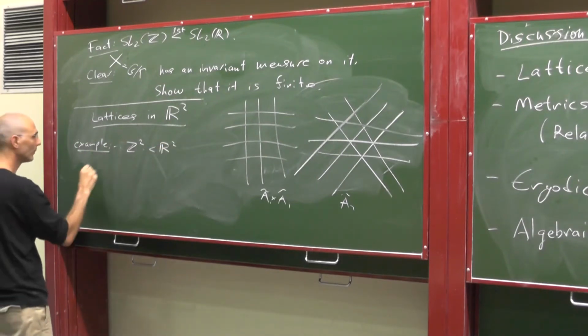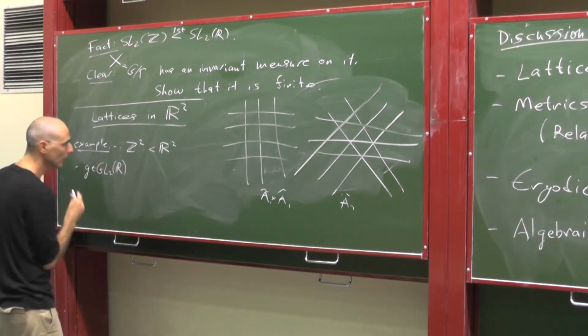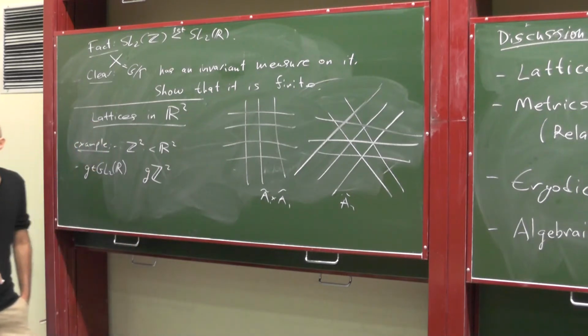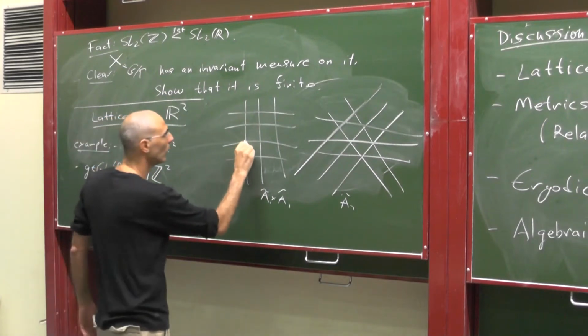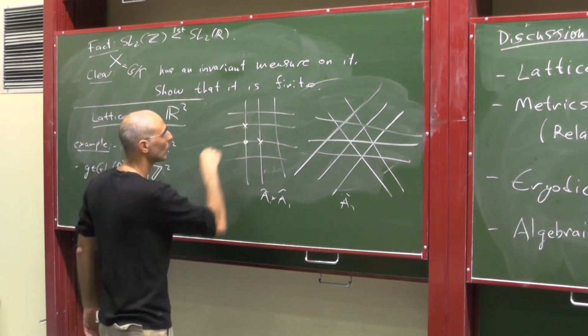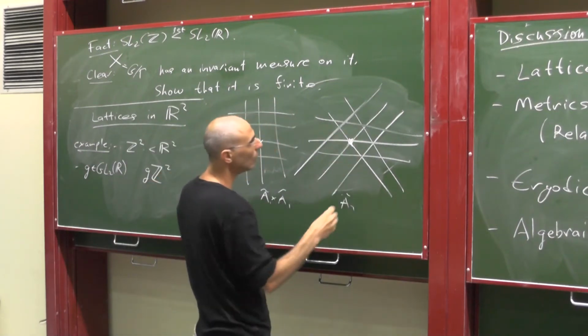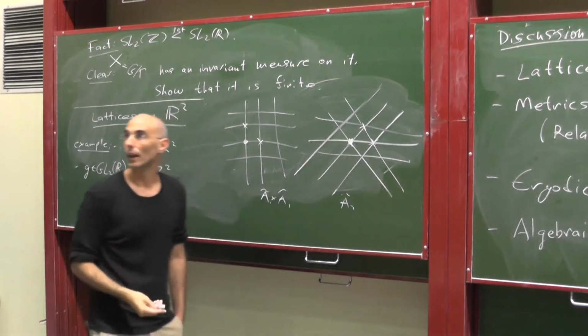Maybe another: take g in GL2R and apply it pointwise to Z2. Here is 0. Here is (1,0), and (0,1). Here is 0, here is (1,0), and the image of (0,1) under some matrix.